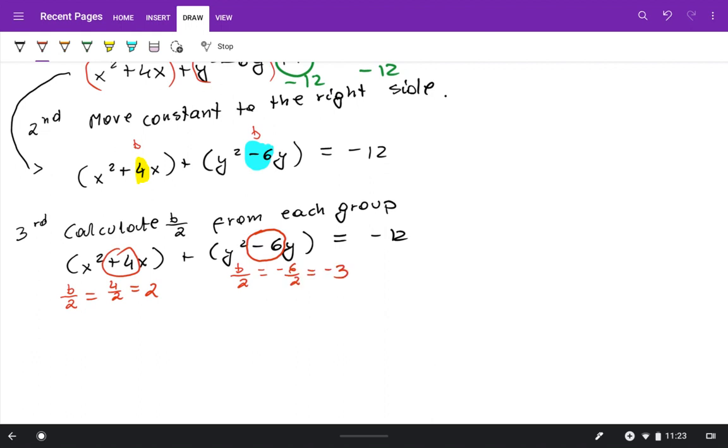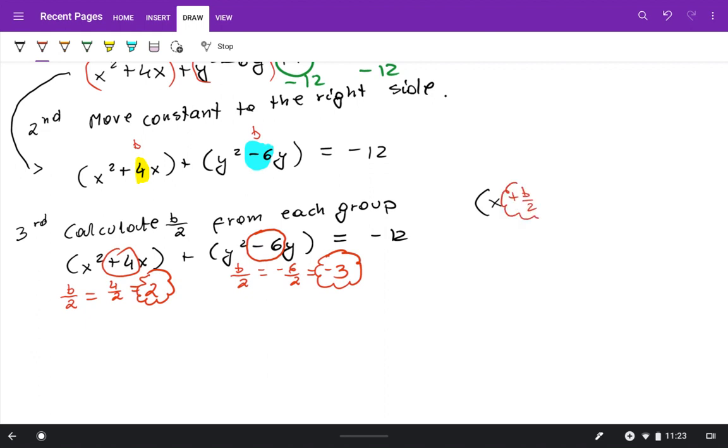Okay, so we calculate b over 2. And that b over 2, I'm putting that in a cloud. Because the algorithm, when we're going to build later that equation of a circle, it's always x plus b over 2, whatever your b over 2 is.